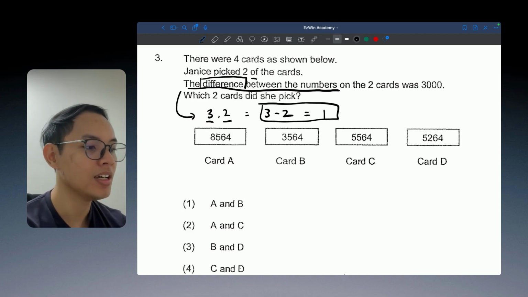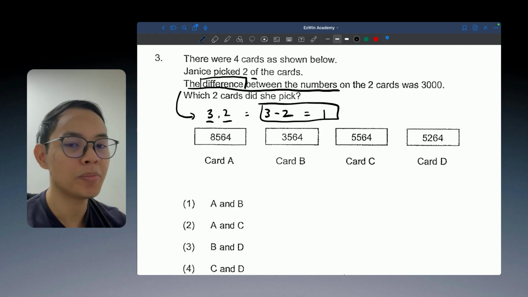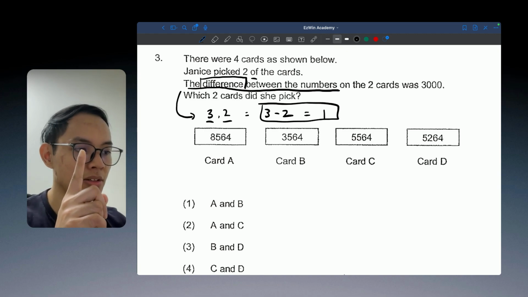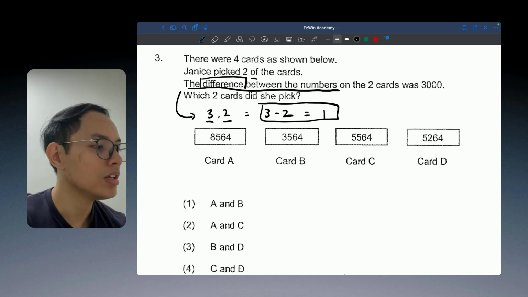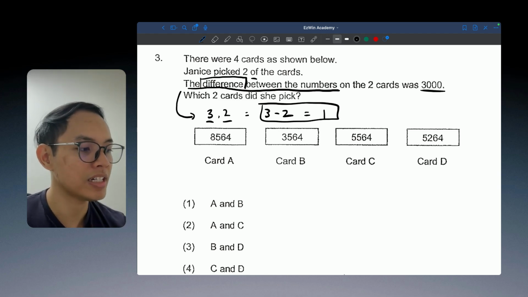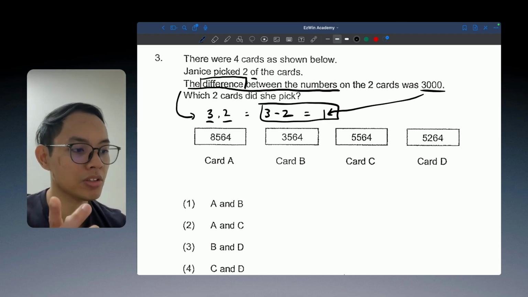That's it. Okay, so that is what this whole sentence means. Okay, so basically there's two numbers that we need to figure out, that if we minus each other, it will give us 3000, right? So 3000 should be the answer in this equation over here.